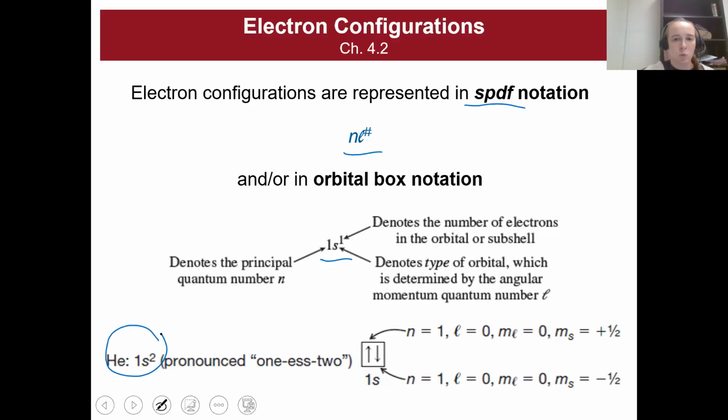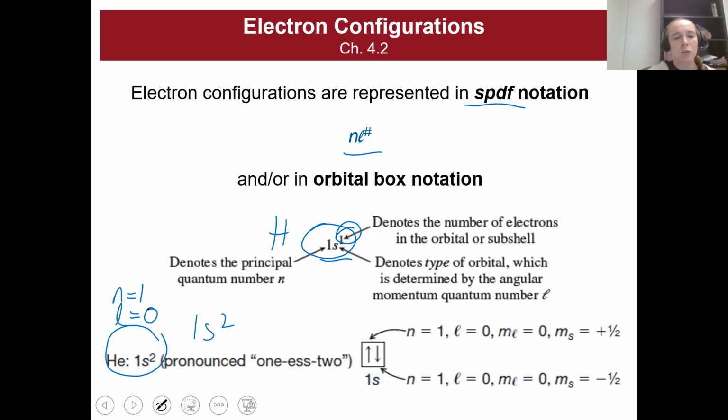is 1s2. So this guy was 1s1. That corresponds to hydrogen because there's only one electron. 1s2 corresponds to helium because we're still in the n equals 1 shell. We're at the top row of the periodic table, the first period. Because n equals 1, L has to equal 0, which means we're in an s orbital.